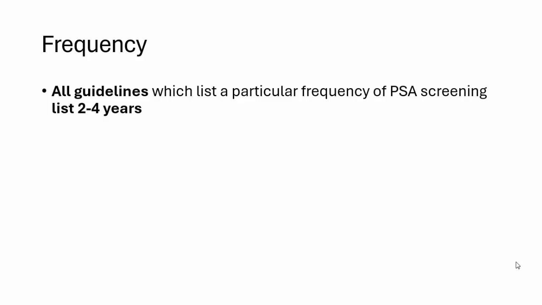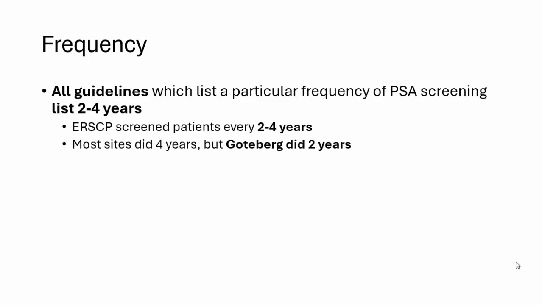Another controversial topic is the frequency with which we do PSA screening. All of the guidelines which list a particular frequency list that PSA screening should be offered every 2 to 4 years. And this mimics the ERSPC study, where different arms of that study screened with frequencies between 2 and 4 years.